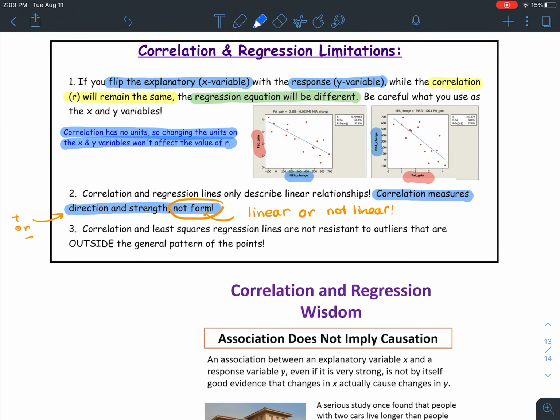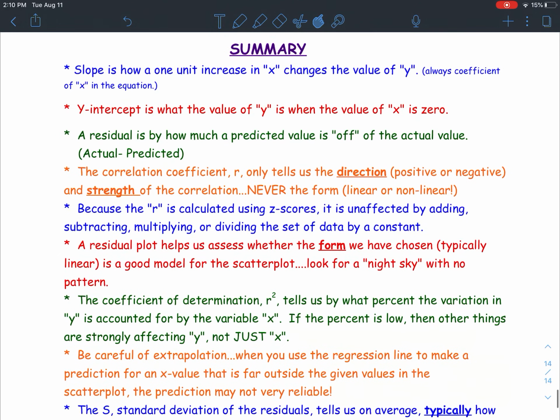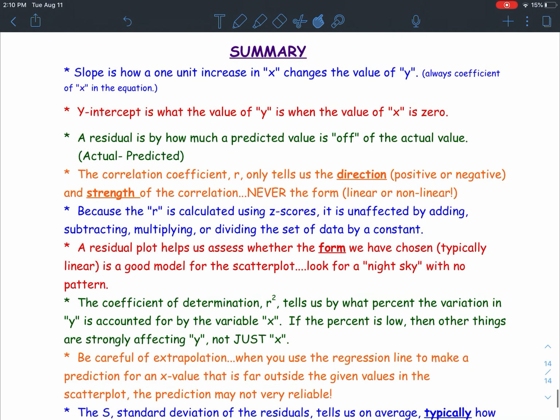It does not tell you linear or not linear. And then lastly, the correlation and the least squares regression lines are not resistant to outliers that are outside the general pattern of points. Meaning outliers dramatically affect your correlation and they dramatically change your equation for your least squares regression line.